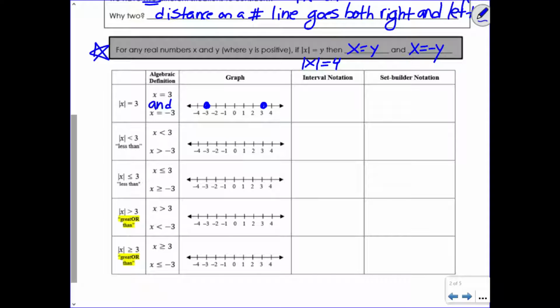Now, do you remember how you write interval notation when you have two separate answers? Comma? Nope. Bracket? Nope. Yep.